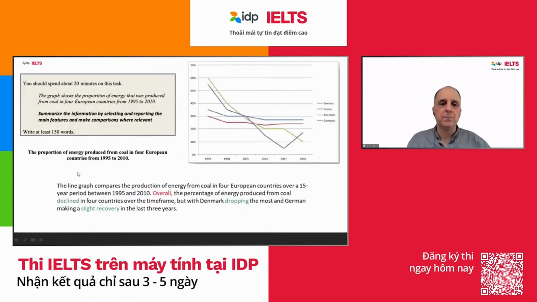Here is an example. The line graph compares the production of energy from coal in 4 European countries over a 15-year period between 1995 and 2010. Overall, the percentage of energy produced from coal declined in 4 countries in the time frame, but with Denmark dropping the most and Germany making a slight recovery in the last 3 years.